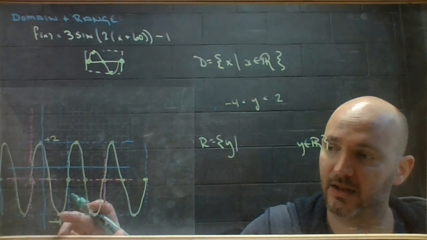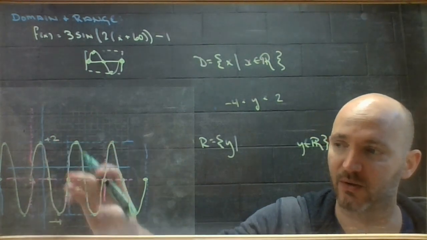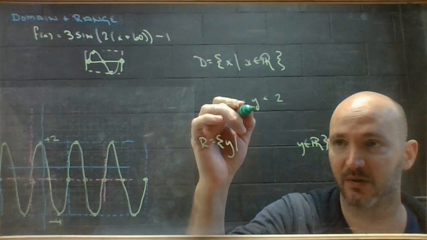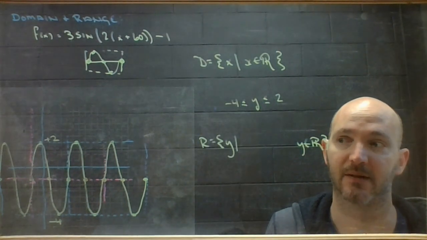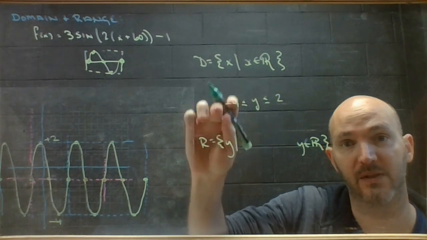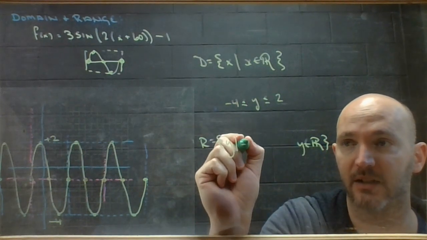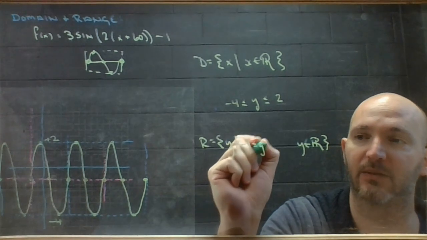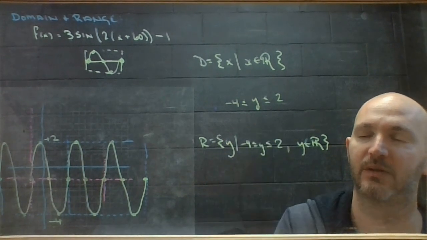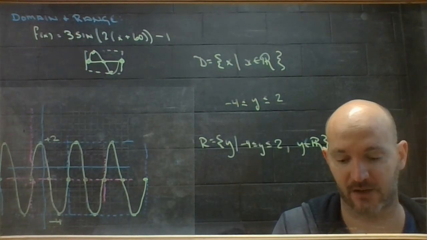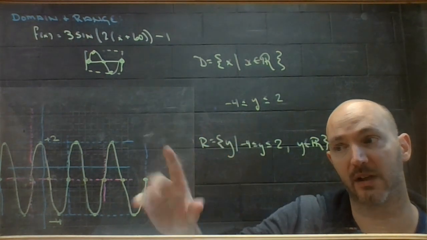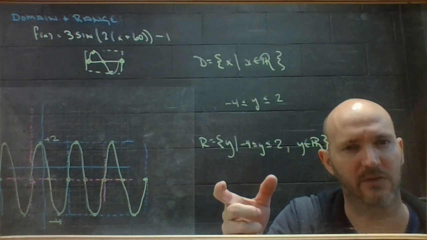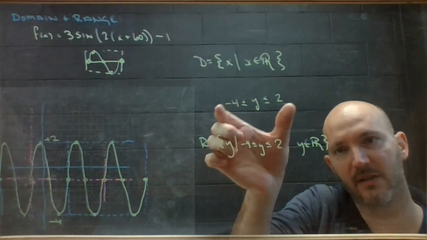And these peaks actually touch those values. It's not an asymptote, so I can be less than or equal to those things. So there's the restriction that I need to have in here. -4 is less than or equal to y, it's less than or equal to 2. And the y values have to be real numbers. So if you're ever trying to code a between or a range using this notation, that's what it looks like.